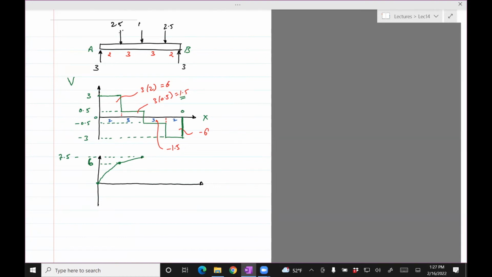Okay, then we have a negative 1.5. So I need to subtract 1.5 from 7.5. That's 6. And then I need to subtract minus 6 from 6. So I end up with 0, which agrees with the moment at B. The moment at B is 0.